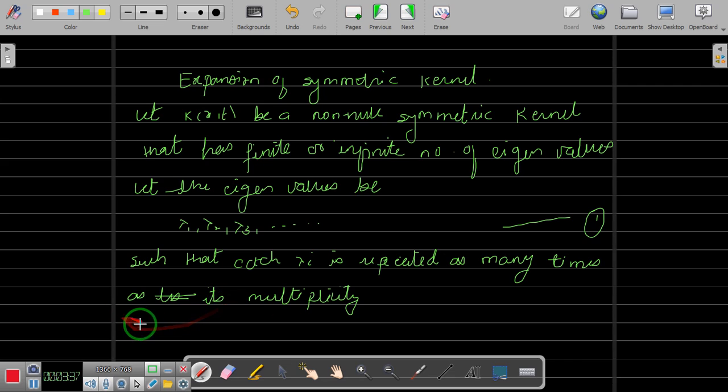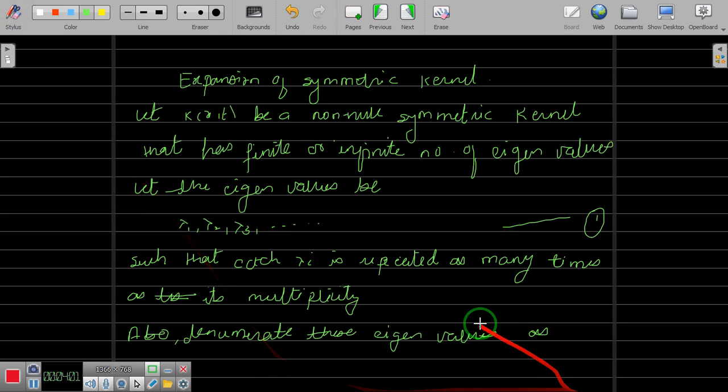So also denumerate these eigenvalues as this, as it may be 0 also.